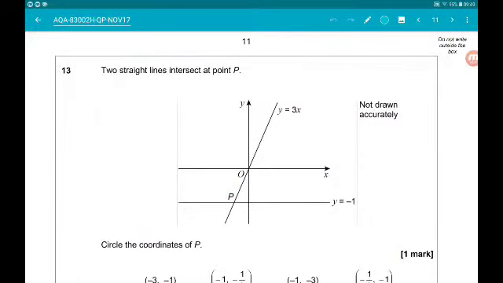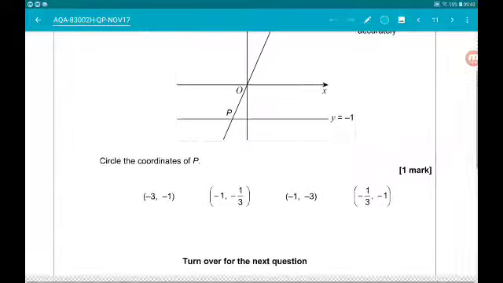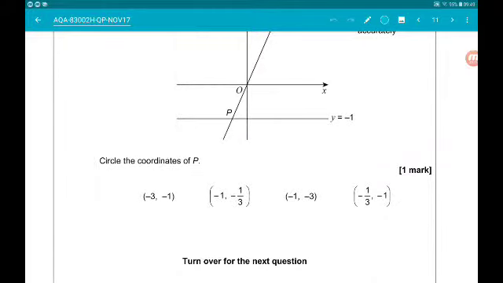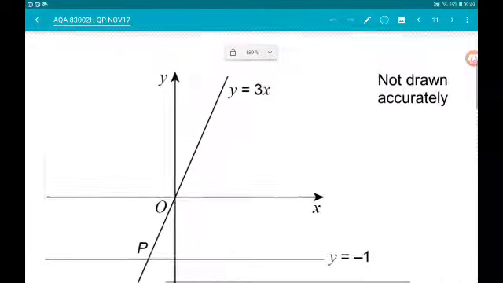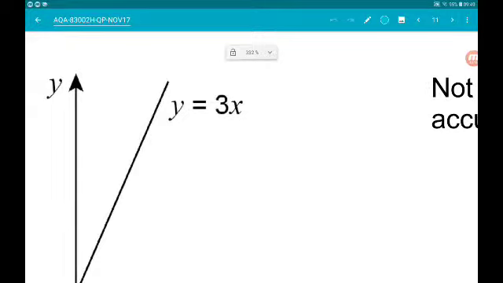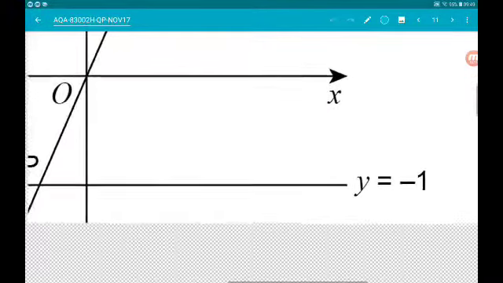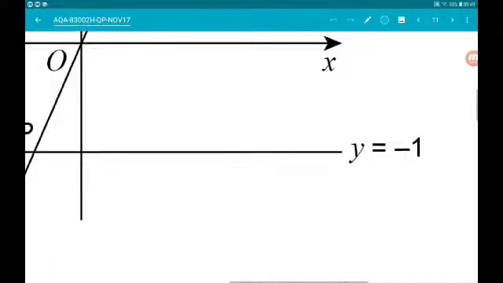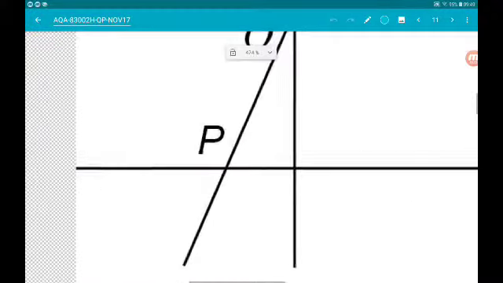Okay, question 13, we got a bit of geometry. So 2 straight lines meet at point P. We want to find the coordinates of P. So our 2 lines are y equals 3x and y equals minus 1.